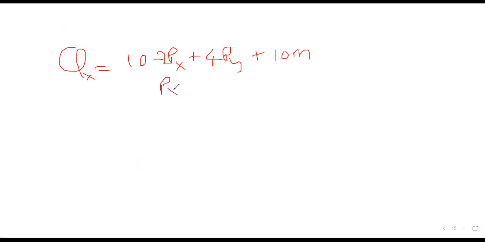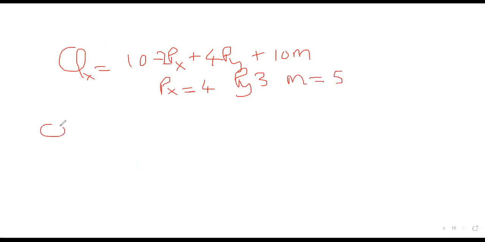So you'd be given an equation like this: 10 minus px plus 4py plus 10m, where the price of x is 4 kwacha, the price of y is 3 kwacha, and the income is 5 kwacha.